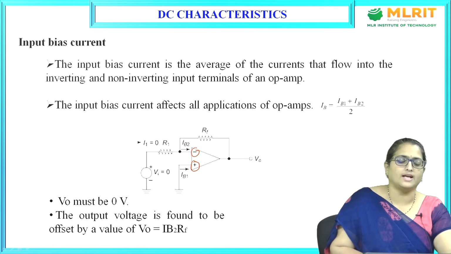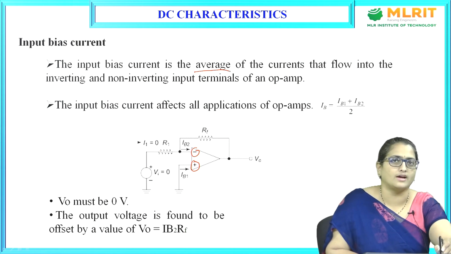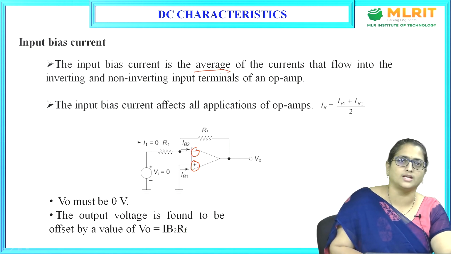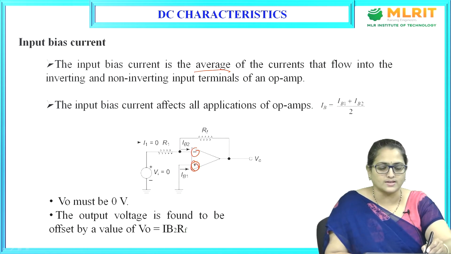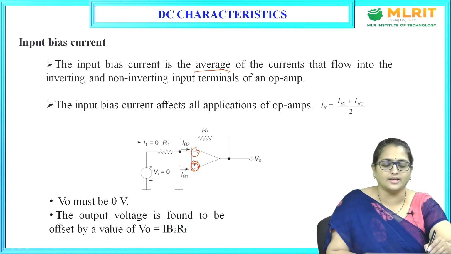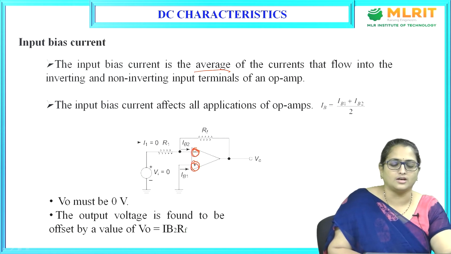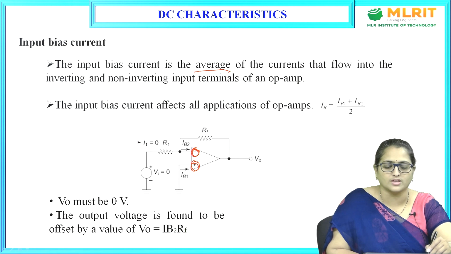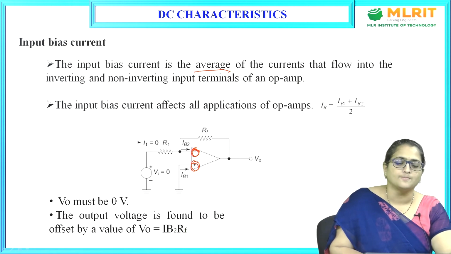It is defined as the average of the current that flows into the inverting and non-inverting input terminals. The positive terminal which we are seeing here is the non-inverting input terminal and the negative terminal is the inverting input terminal.